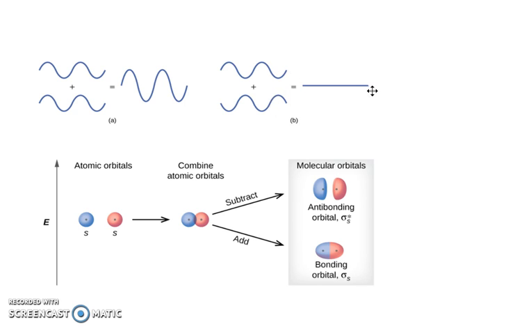If they combine destructively, then we have a node in that internuclear area for a sigma bond, and we end up with anti-bonding. So I have 2 s orbitals that can combine, and they can either combine with constructive interference to produce a bonding orbital called sigma s, which has lower energy, or they can combine through destructive interference to produce an anti-bonding orbital, sigma star s, which has a higher energy.